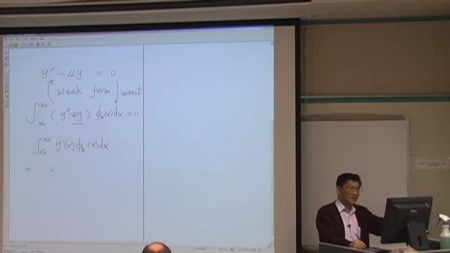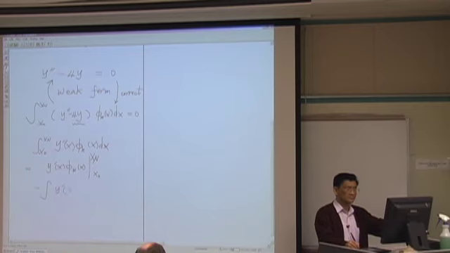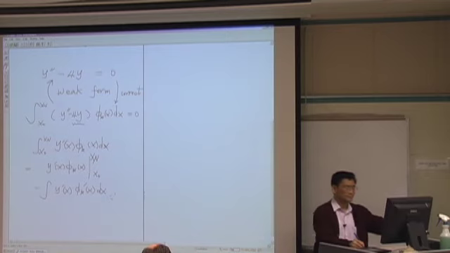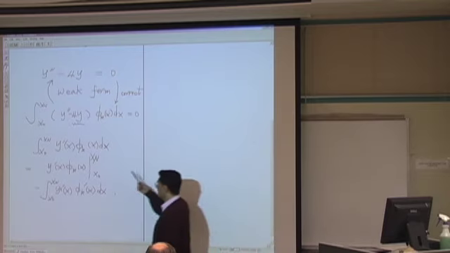Because of integration by parts, right? I applied integration by parts, and then minus. And as you can see, we don't know the value of y prime.